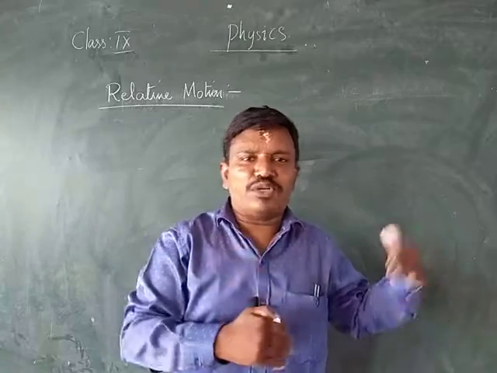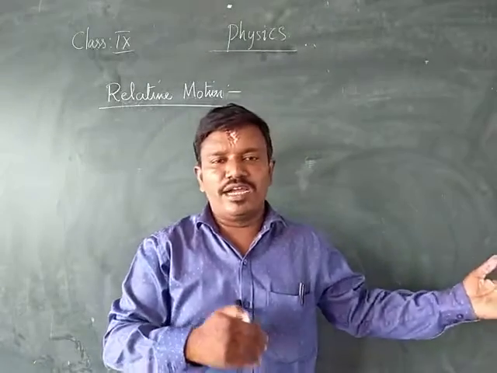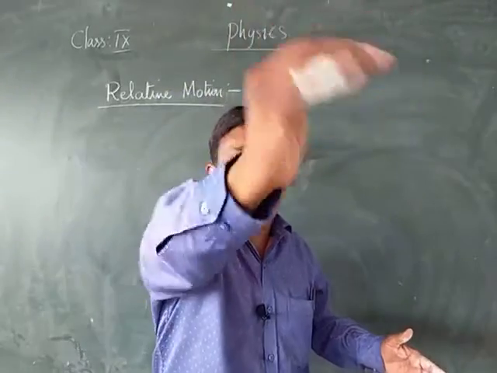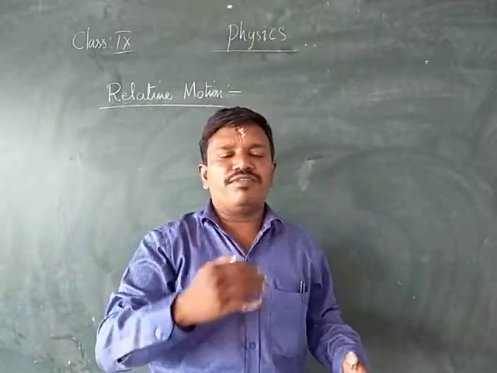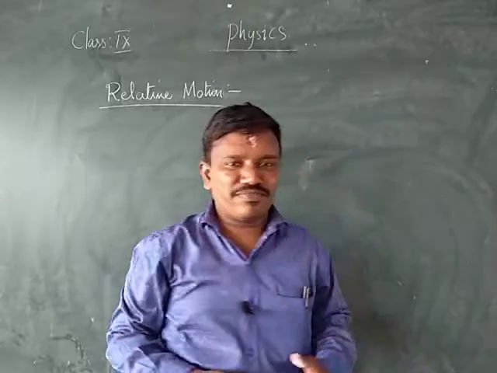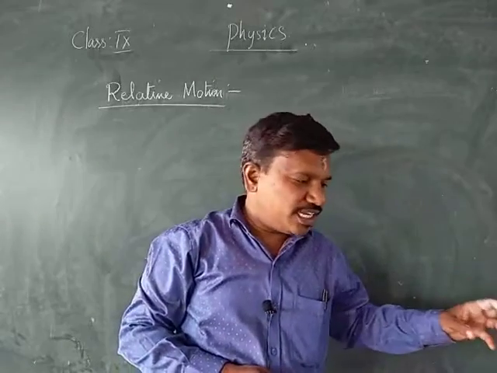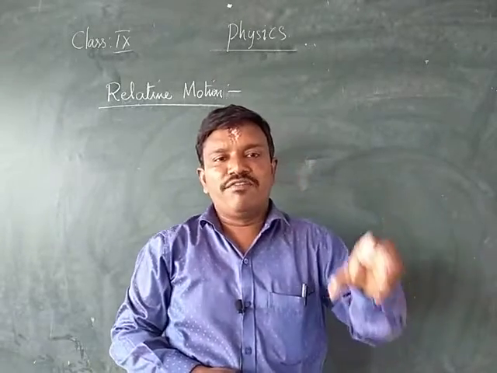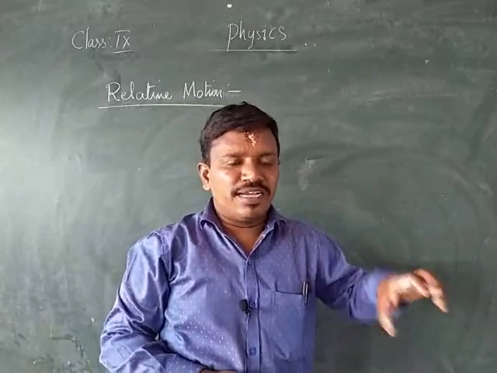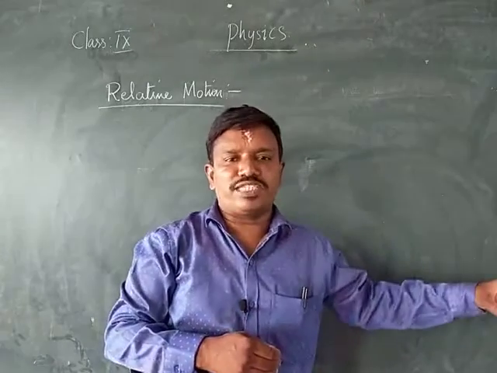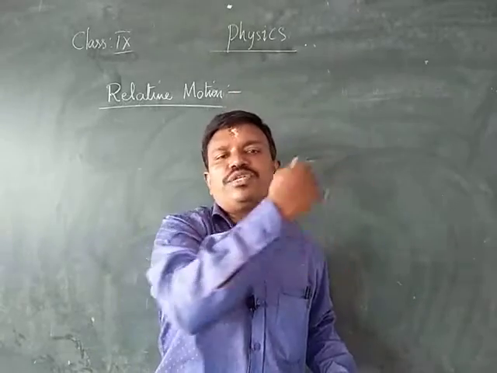But even though he is not moving, if you are observing from the other side, you may feel that person is to the right of yourself. Therefore, without changing the position of the object, with respect to me he is to the left side, and with respect to you he is to the right side.